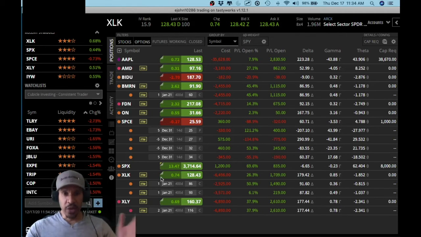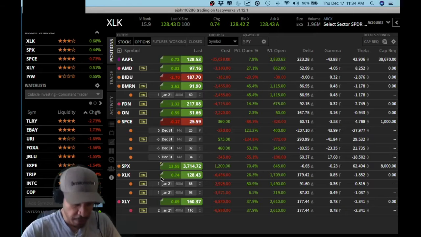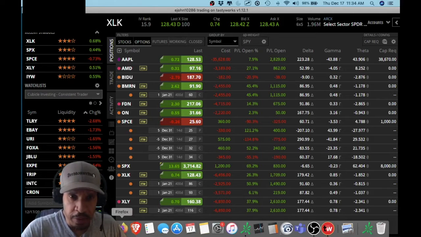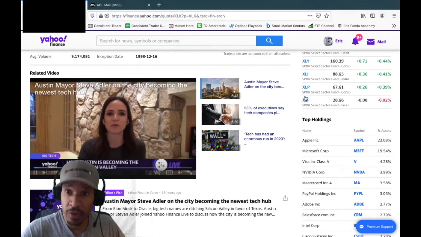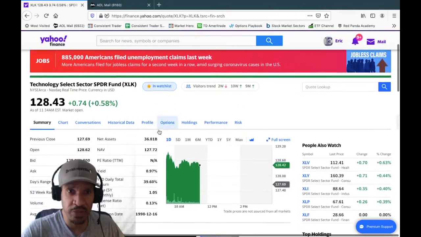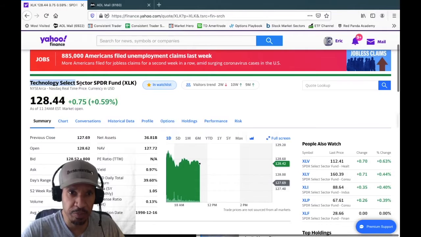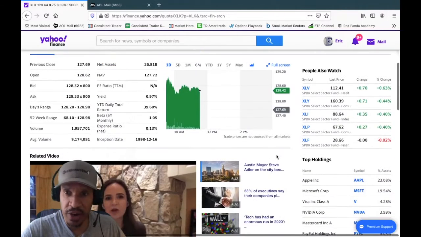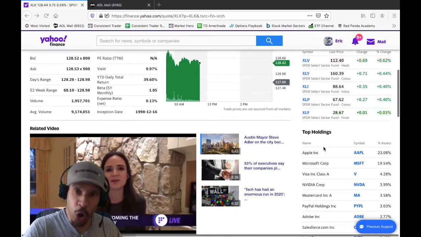So XLK is the technology sector that I like to trade quite often. And so here I'm on Yahoo Finance's website. Here is the XLK Spider ETF fund. And we can see here the top holdings, right?